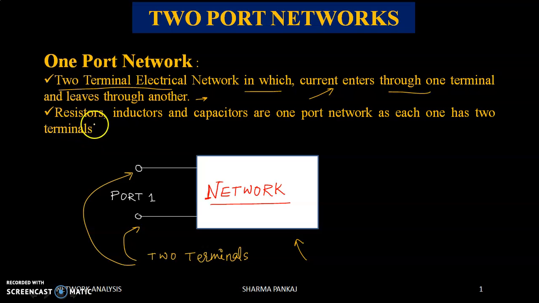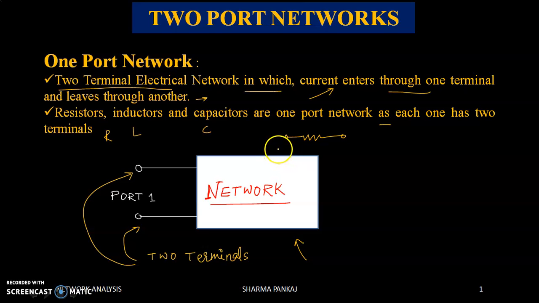Examples: resistors, inductors and capacitors are examples of one-port networks. Why? Because each one has two terminals. See this? This is the resistor.